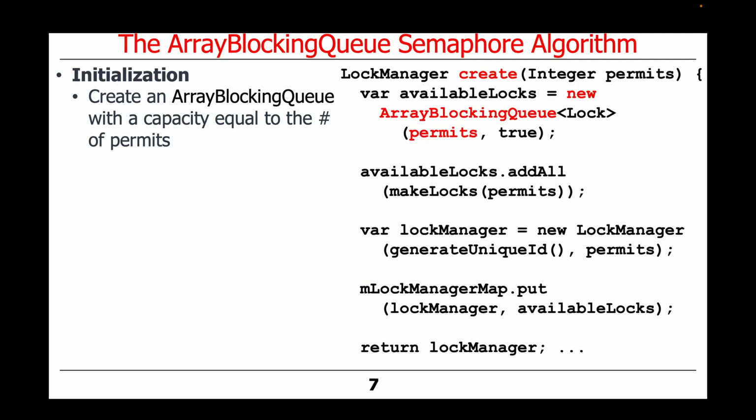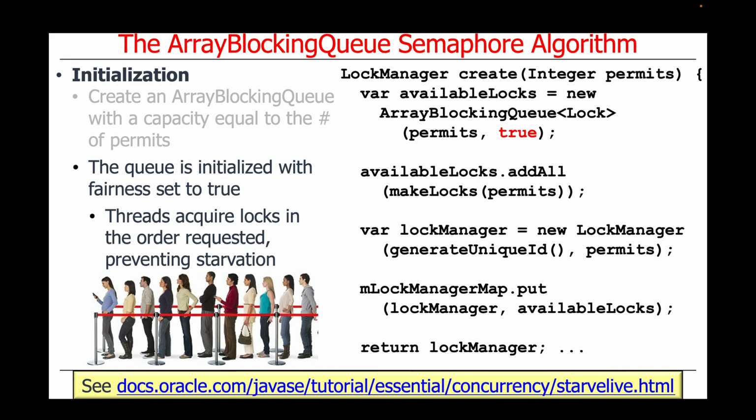We're going to start by first talking about the initialization phase, where we're going to create an ArrayBlockingQueue with a capacity that's equal to the number of permits. And you can see here we say new ArrayBlockingQueue inside the create method. Now we're on the server side, of course, in the service, and we pass in the number of permits. We also pass in the value true, which indicates that we've initialized this ArrayBlockingQueue to be so-called fair.